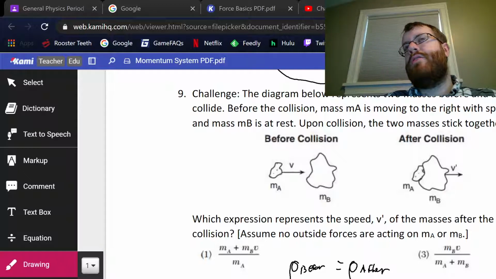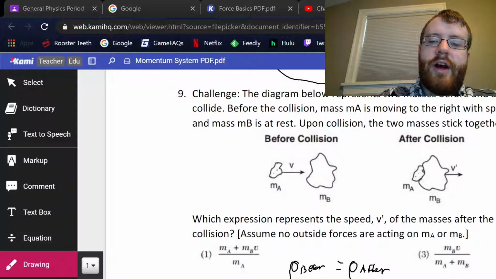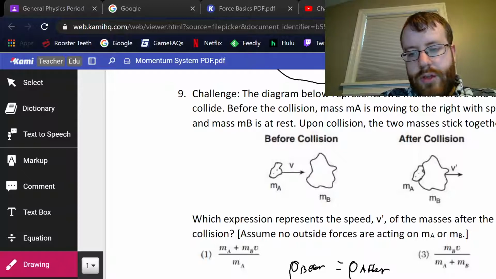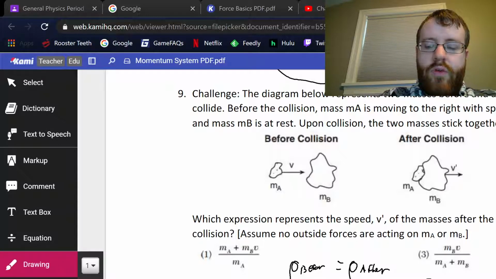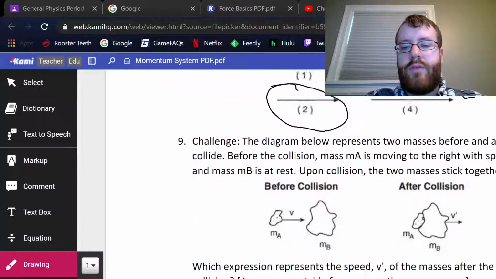It's just a good thing to show that, hey, it's changed. That's just a common notation that we see. So we are solving for V prime, which means you need to divide both sides by this, so we get V MA divided by MA plus MB is equal to V prime, which looks like it's choice 4. So it's the same stuff that you've done, just without numbers, which can often confuse people.